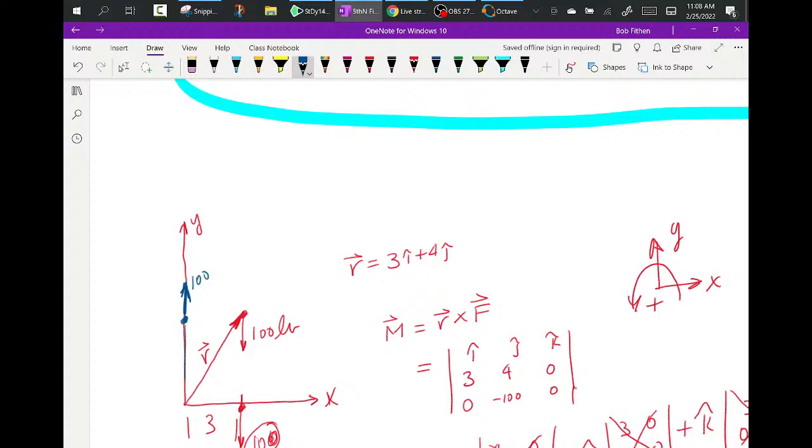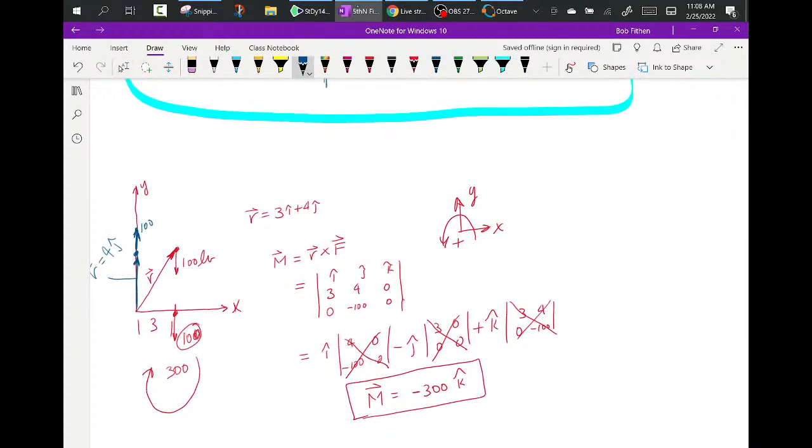Okay, now it's R. It's going to be pretty simple. It's R. It's going to be, I'm not moving any in the I, so it's going to be 4 times a J.